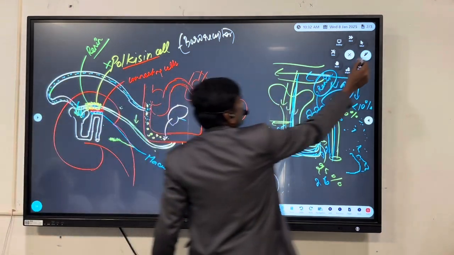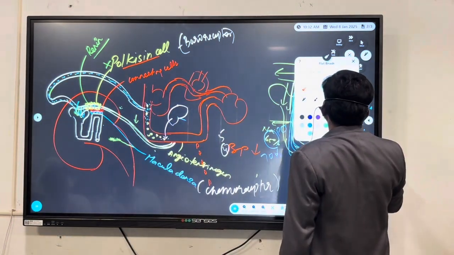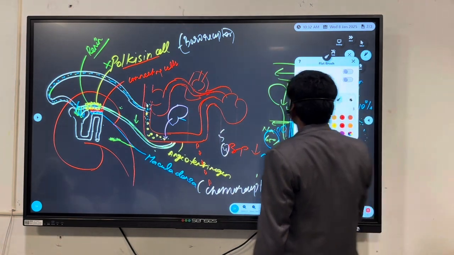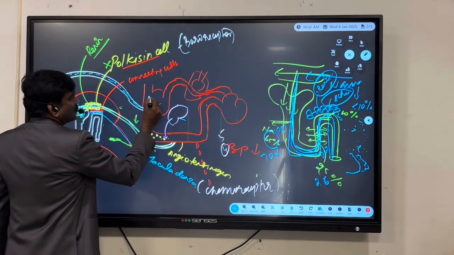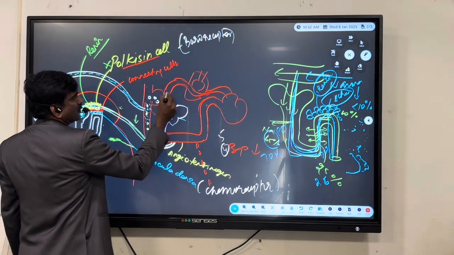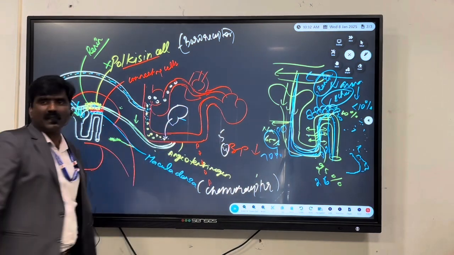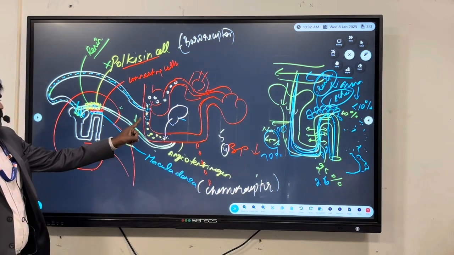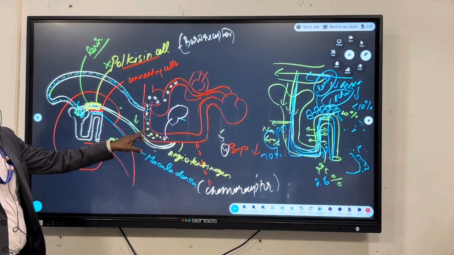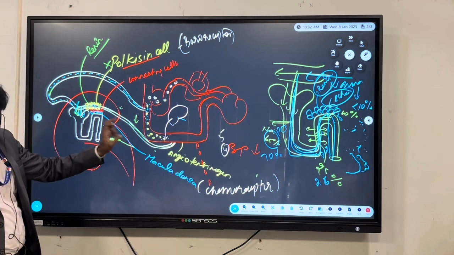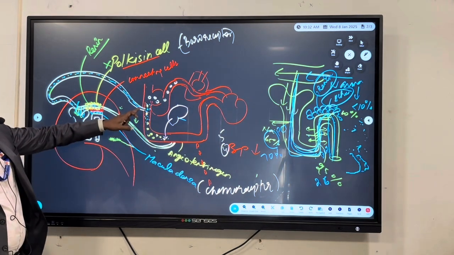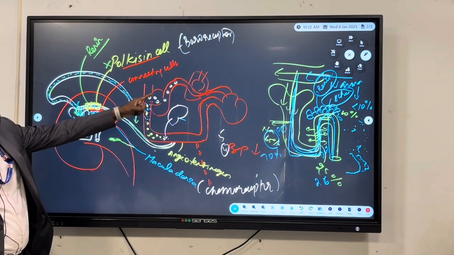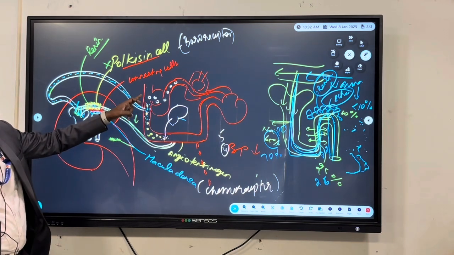This is now what? Angiotensin 1. Right? Blue color is renin, yellow color is angiotensinogen. Angiotensinogen is converted into angiotensin 1 in the presence of renin.